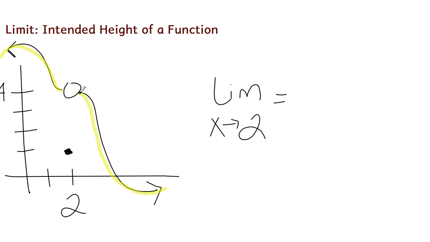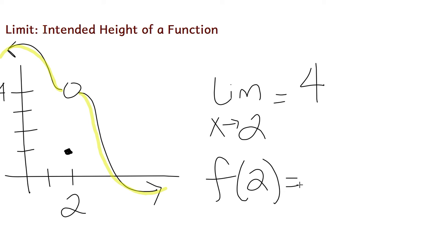The intended height of this function is the same from the left and the right, even though there's a big old hole in it. It is 4. However, f of 2 is not 4. It's also not undefined. Look down here, it is 1, okay? So we have a removable discontinuity here. So this is also another example of where the limit does exist, but the function's value doesn't. Or it does, it's just not the same as the limit.